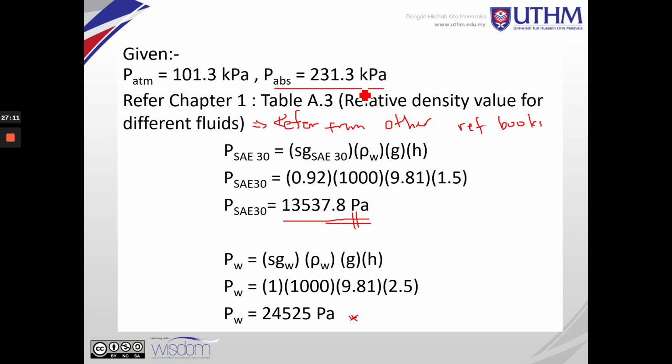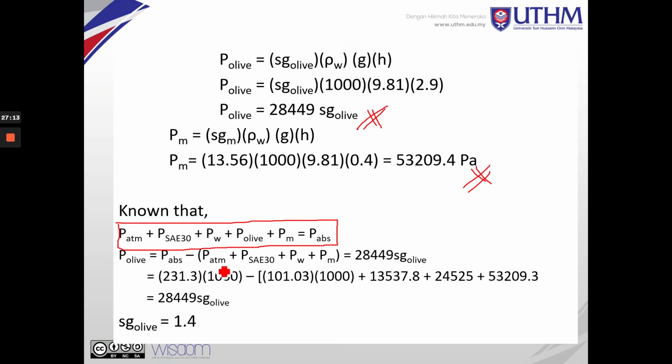So you just change the P to the left hand side, and the P atmosphere you convert to this side, and also to this side.